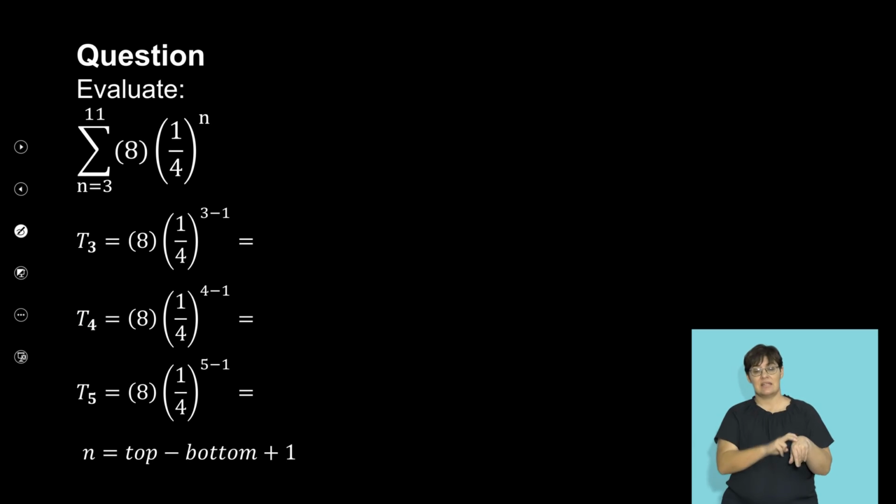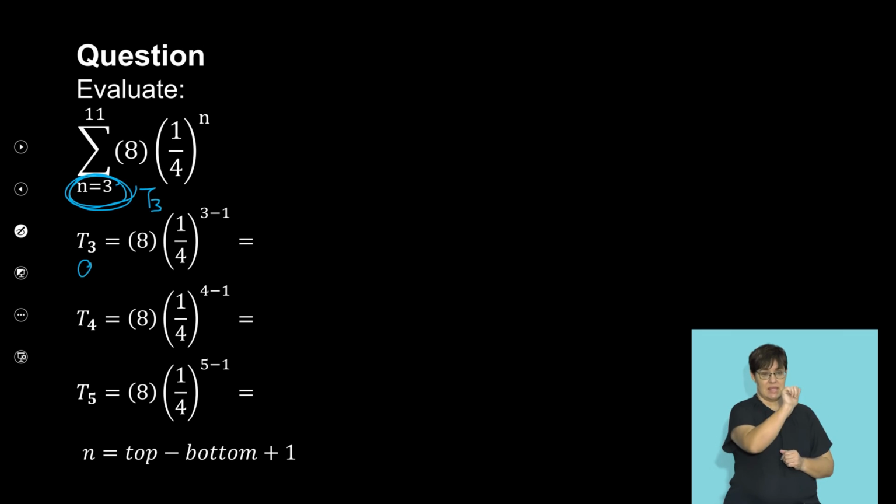So I need to find the first 3 terms of this sequence. Because the actual series, or the sum, starts at term 3, term 3 is my a. Because term 3 is my a, I need to actually know what the value of it is. So each time I'm going to substitute in n is equal to 3, n is equal to 4, and n is equal to 5 to find the first 3 terms of this particular sum.